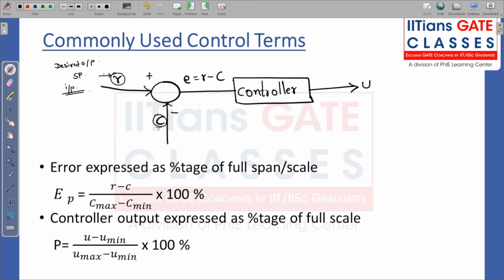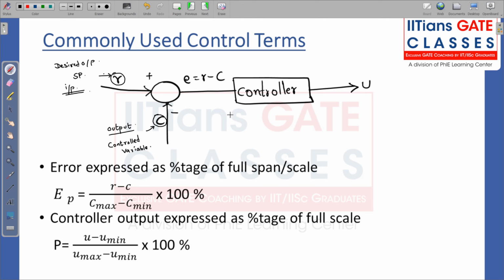This C is your output, called output in your control system. In our process control, we call it your controlled variable.